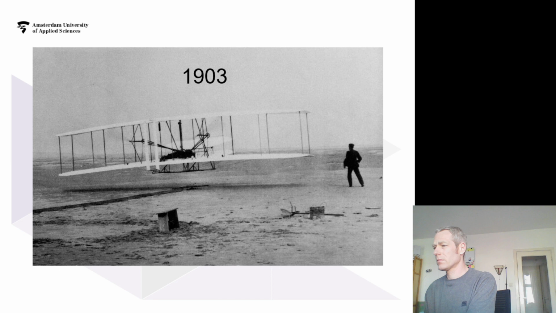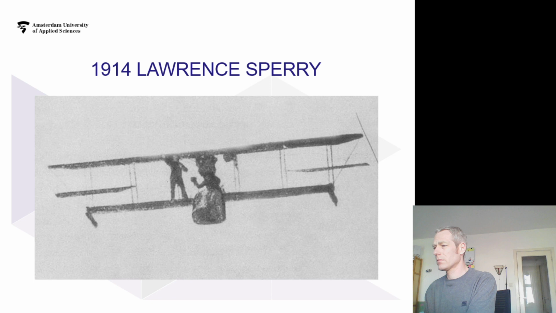And the automation came rather quickly in 1914, when Lawrence Sperry used gyroscopes to stabilize a plane. And here you can see Lawrence Sperry in the pilot seat with his hands in the air and a mechanic on the wing, and this demonstrated that autopilot was possible, and that even disturbances in the weight of the plane could be compensated for by the autopilot.